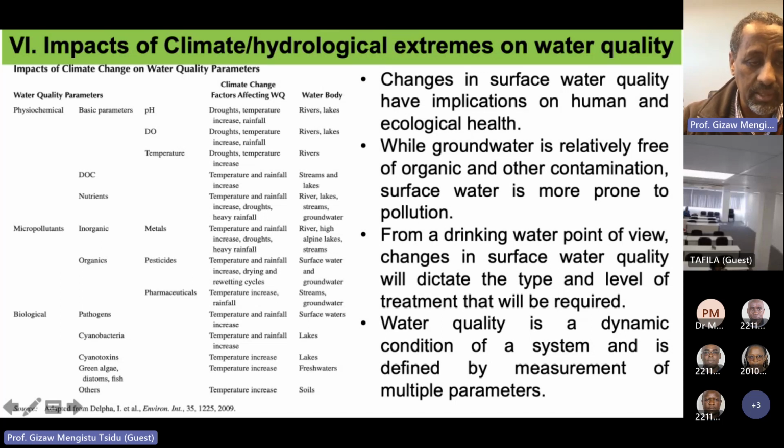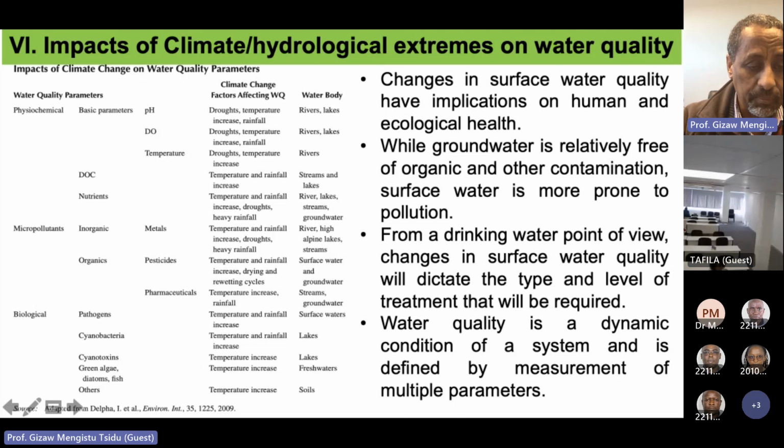Macro pollutants, which are inorganic parameters such as metals, pesticides, organic parameters, and pharmaceuticals also fall under the physiochemical. These are parameters you can measure. If you have a sampler, you can sample them and test for the presence or even quantify the amount of these pollutants in a river or in a lake.